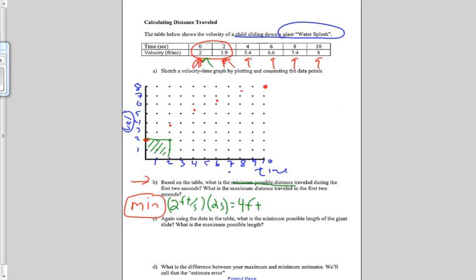And again, we're assuming that we're going the slowest velocity for the longest time. What would be the maximum distance? Well, let's do that in blue. The maximum distance would be to assume that we were going this velocity for the majority of the time, that for almost the entire time we were going 3.9 feet per second. And we would express that by drawing this following box.